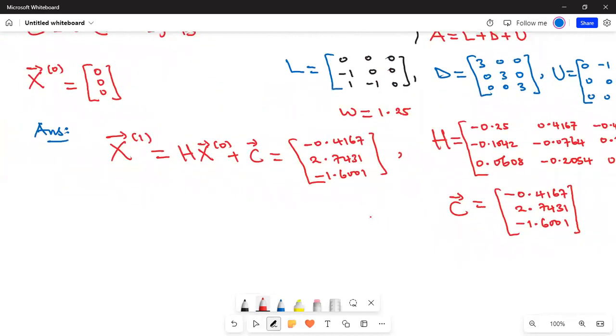Now we have x at level 1. Now x at level 2 is the same as H times x at level 1 plus c.